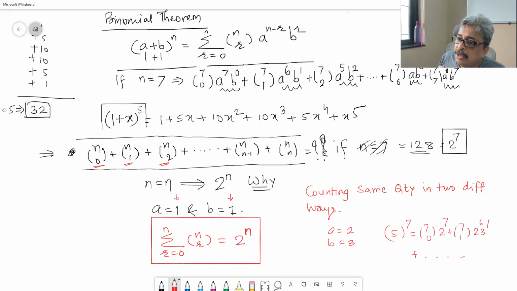We will not be able to prove any identity because these terms are present. But if we take 1 and 1, these terms disappear because 1 raised to something is always 1, and hence we end up getting only the summation of binomial coefficients. So it's a special case which we are using to get an identity.